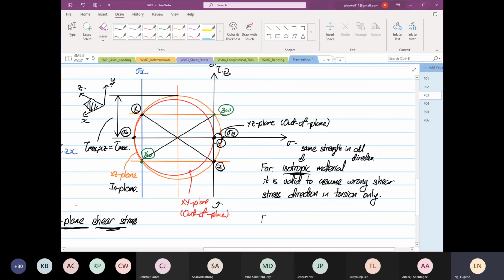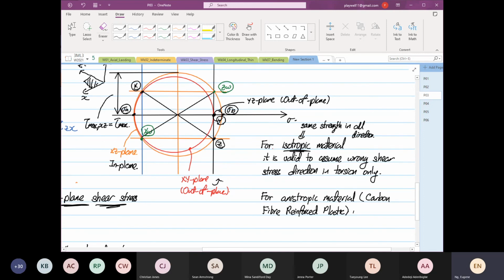Now for anisotropic material. Anisotropic is carbon fiber reinforced plastic, which I do quite a bit of research on.